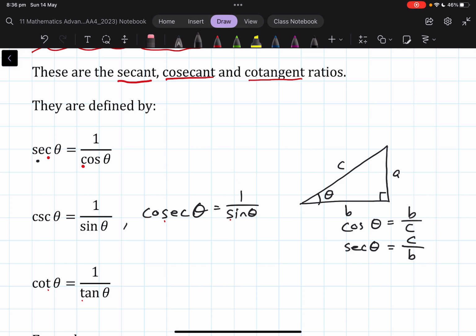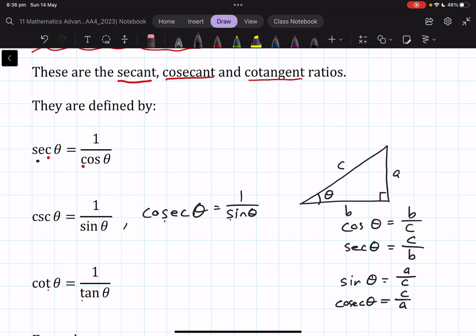And if I did that for sine as well, sine theta is equal to A over C, opposite over hypotenuse, whereas cosec, or CSC, is equal to C over A. So again, it's all about what context, what function. They do pop up in different contexts, so that's why they've been defined. But we need to be aware of these.